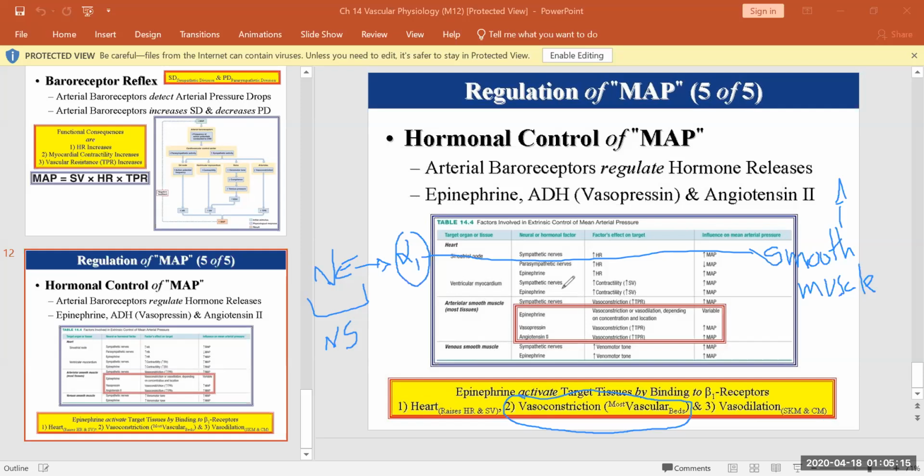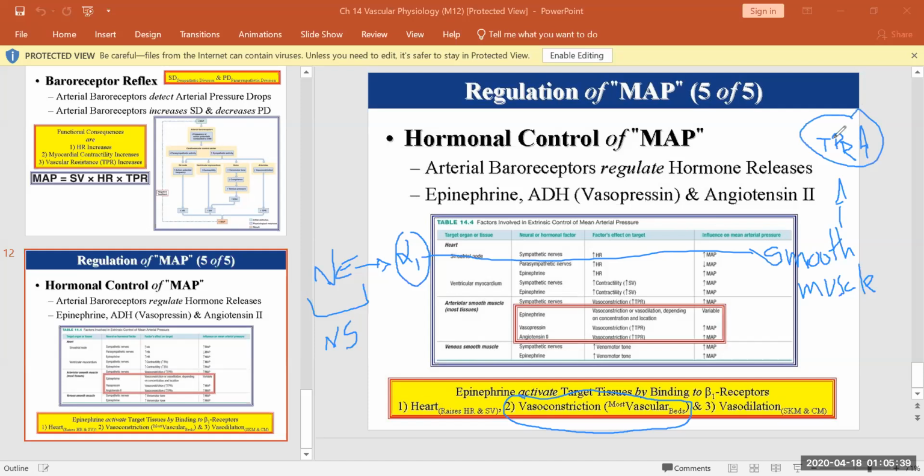So it causes vasoconstriction of blood vessels, okay? So what is important, when you have vasoconstriction, it means TPR will increase. So when you constrict the blood vessels, you increase TPR.